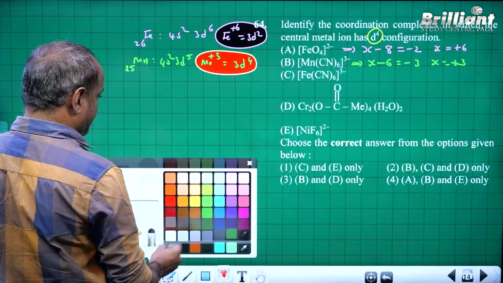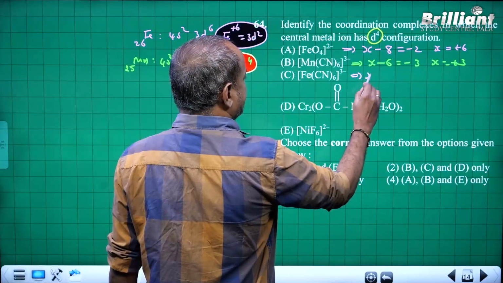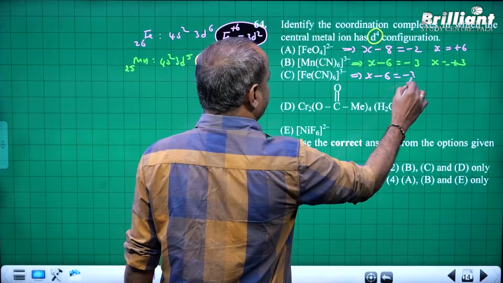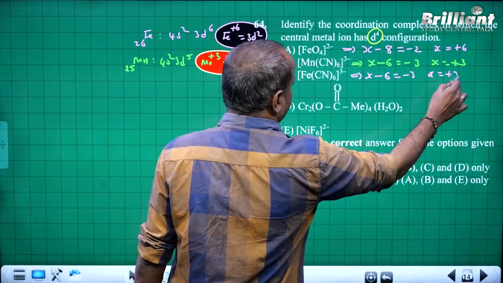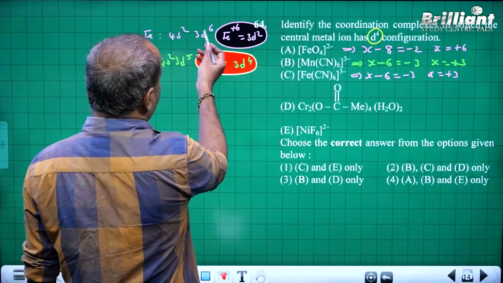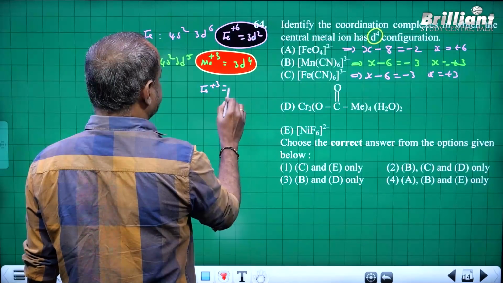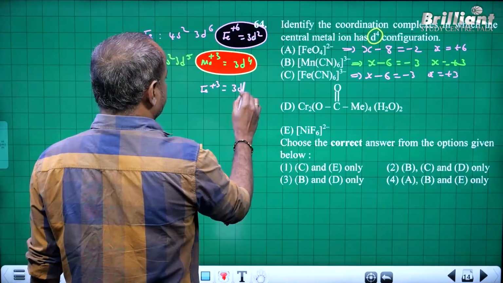Next one, x minus 6 equal to minus 3, x equal to plus 3. So that 3 plus means 2 and 1 loss. So Fe 3 plus equal to 4s0 3d5.